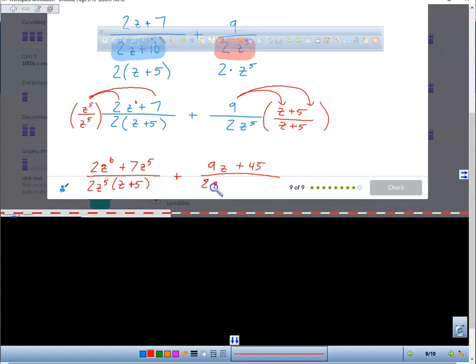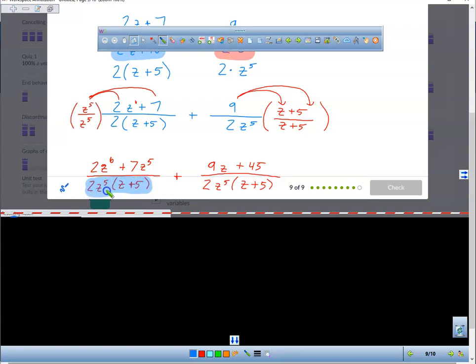Now, it's probably been a while since you've added fractions together. But the only way you can add fractions together is if they have the same denominator. That's why we did all this work, because I needed this denominator right here to match this denominator right there.